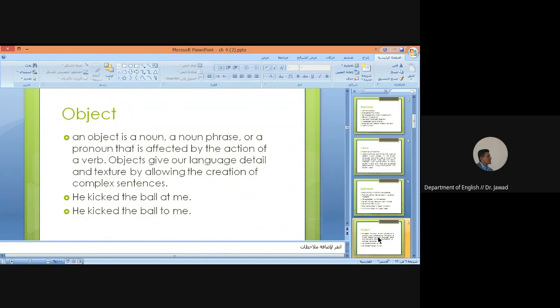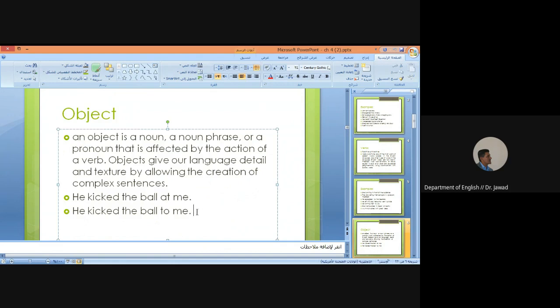Now, in this slide, we have two examples.